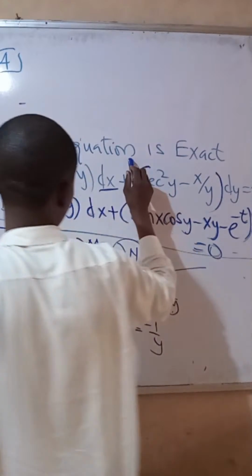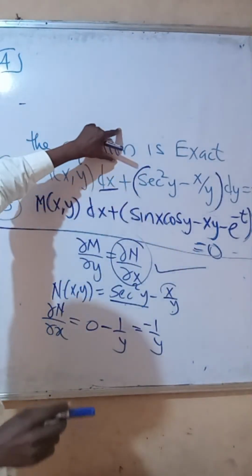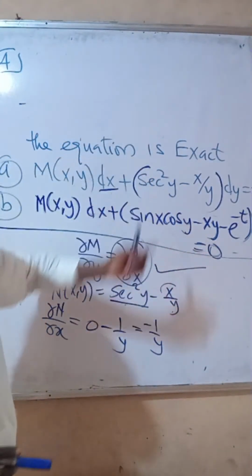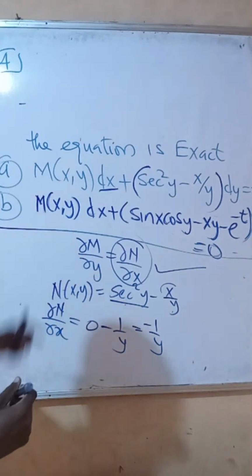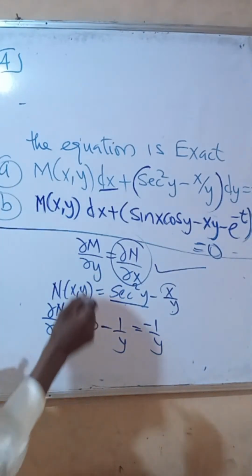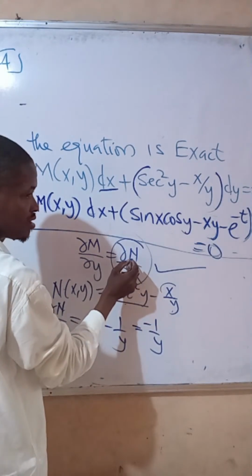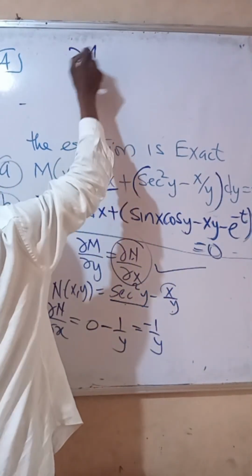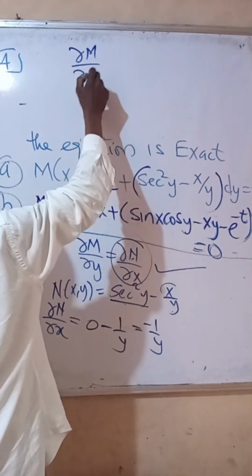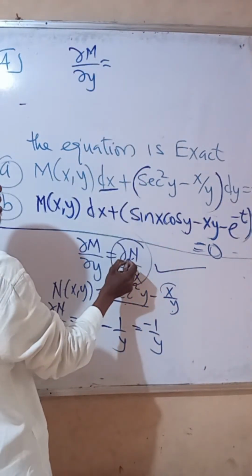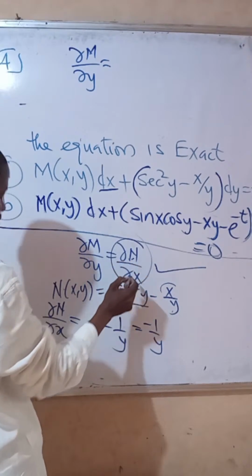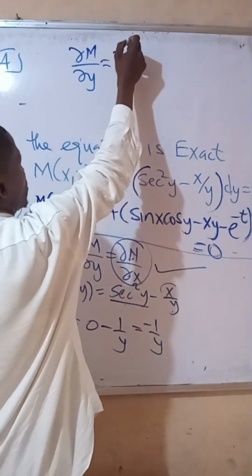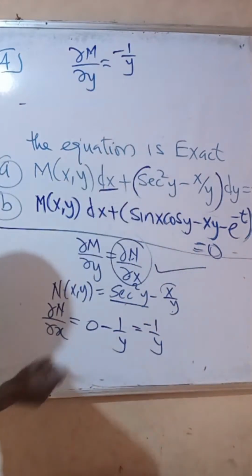I would also type the words of the question in the description for this question 4. So you've gotten the partial differential of N with respect to x. Just go back to that condition for exactness. Your del N del x, we have the value as minus 1 over y. Then integrate both sides.